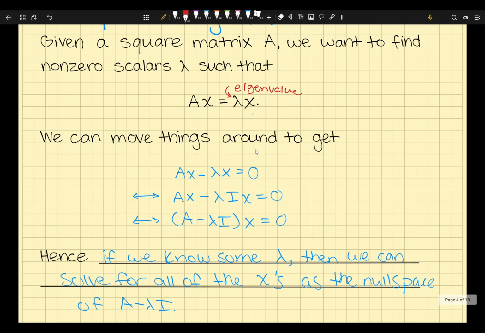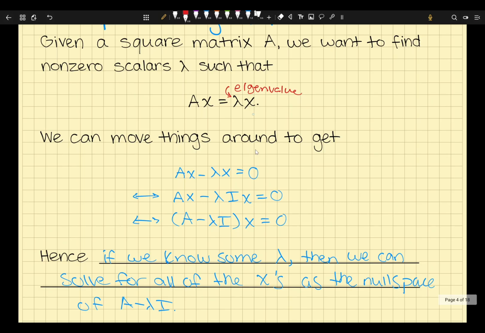Every eigenvector is associated to an eigenvalue. They come in pairs. Well, any eigenvalue has infinitely many eigenvectors, so that assignment is not unique. All right.